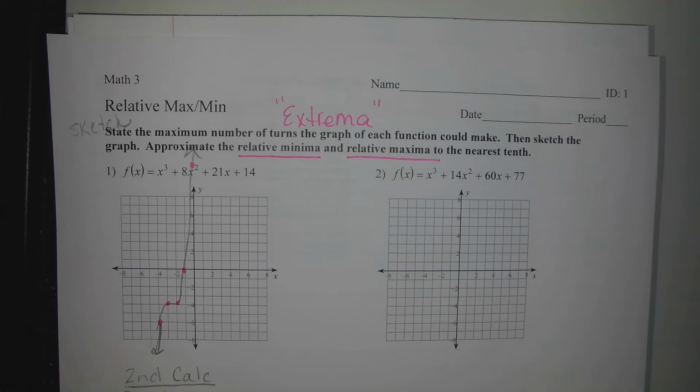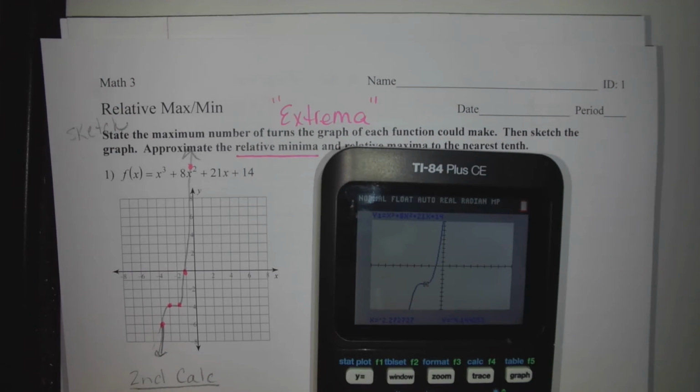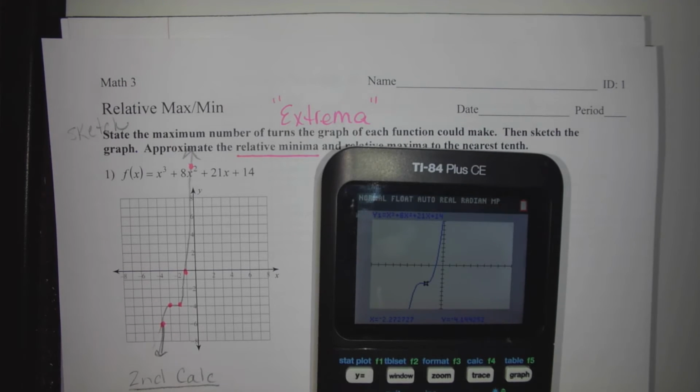Okay. So you're going to need to play around with your arrows here. So second calc, hit 3. I had to move mine around. If you hit enter when you get to it, just sit tight for a second.